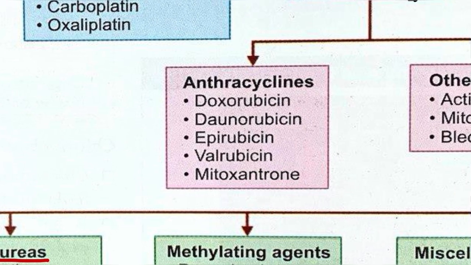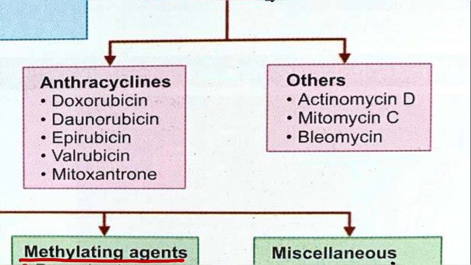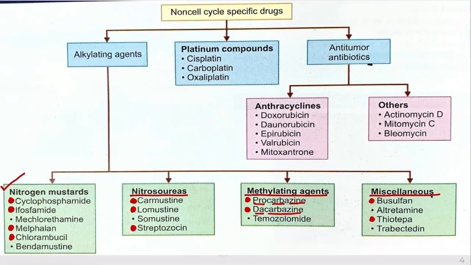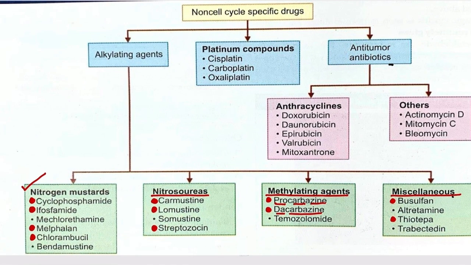Okay. From methylating agents, procarbazine and dacarbazine, these drugs are important. And from miscellaneous, remember only 2 drugs, busulfan and thiotepa. These 2 drugs are very important. So 1, 2, 3, 4, 5, 6, 7, 8, 9, 10, 11.